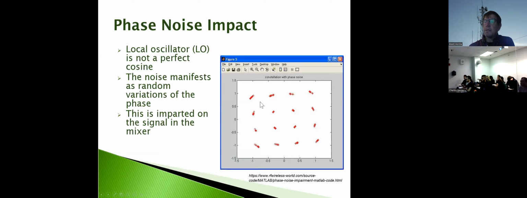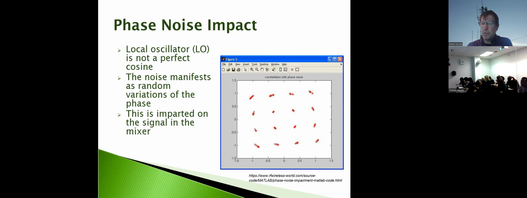That local oscillator that we described is not a perfect oscillator. It has some noise in it. Now, an oscillator normally operates in a saturated amplifier mode, and so its output power doesn't change that much with respect to noise, but its phase does.